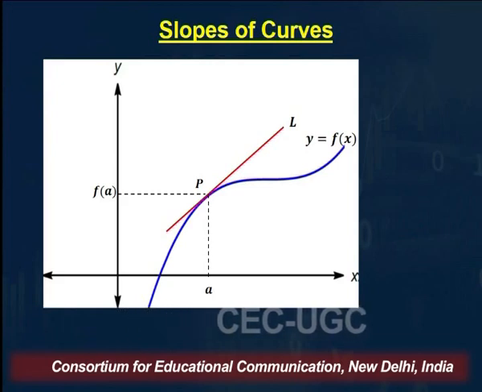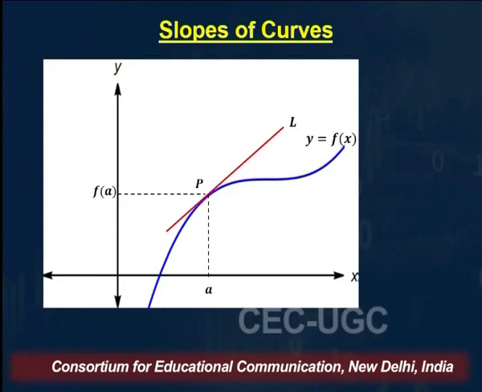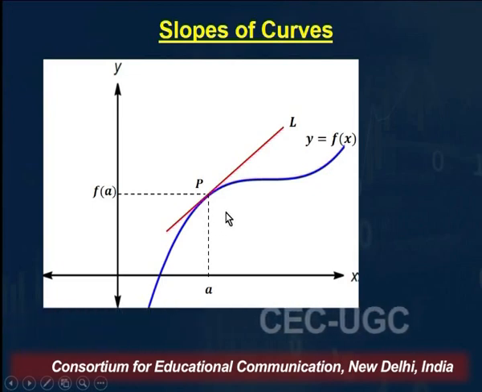So the idea that we're trying to present here is that the slope might be changing everywhere on this curve, but can we conceptualize the idea of the slope at any point on this curve? And what we are saying is that we can define the slope at any point on the curve f of x as the slope of the tangent to the curve, which is PL here, the tangent to the curve at the point P. Okay, so I hope this part makes sense.